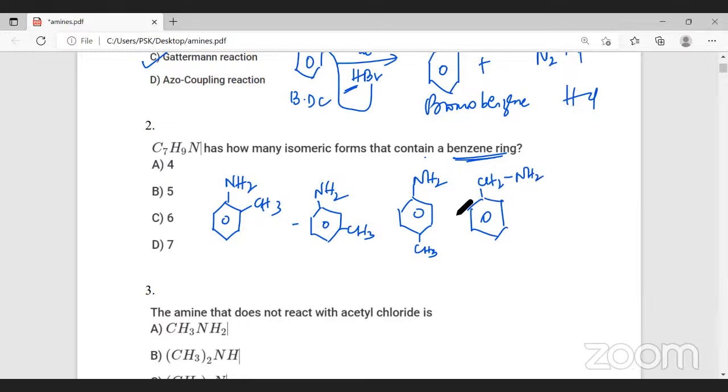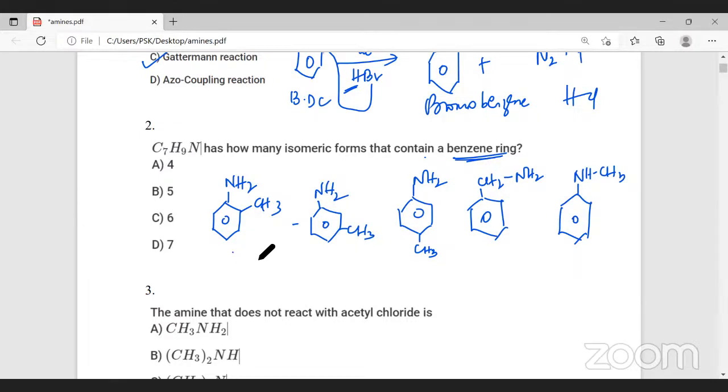And 1 nitrogen. Therefore, the molecular formula is the same, C7H9N. One more molecule we can represent here, a benzene ring. We can represent an isomer like this, NH and CH3. This also has the molecular formula C7H9N.